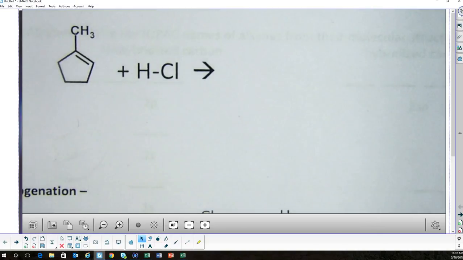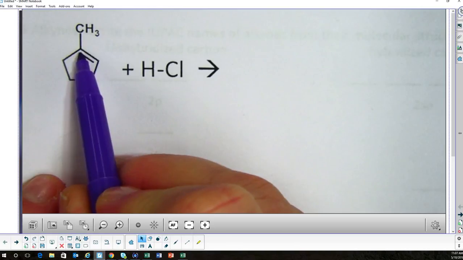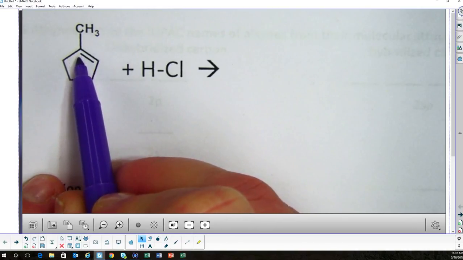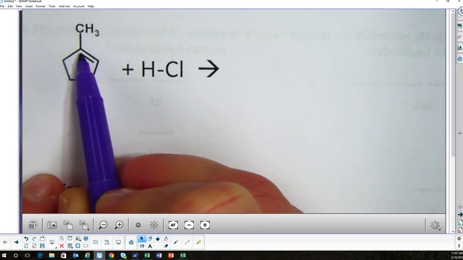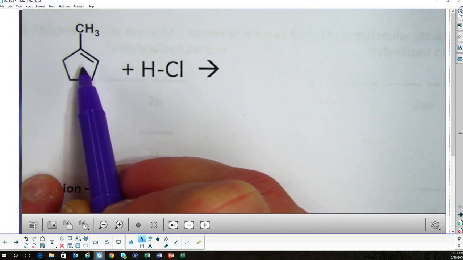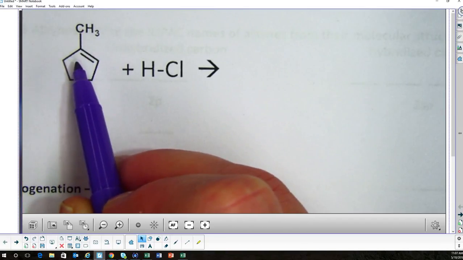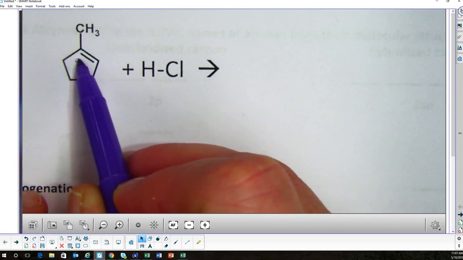So as we're looking at this cyclopentene, methylcyclopentene, by the way, I'm going to look at both sides of the double bond. I'm looking at those carbons. As I look at this carbon right here, how many hydrogens does it have? It doesn't have any, because it has a double bond on this side and a single bond, that's already 4. So it has 0 on this side.